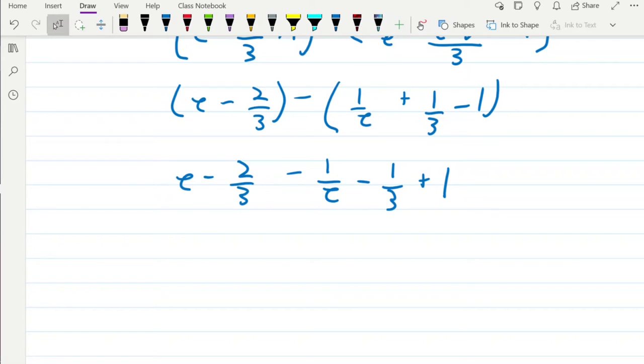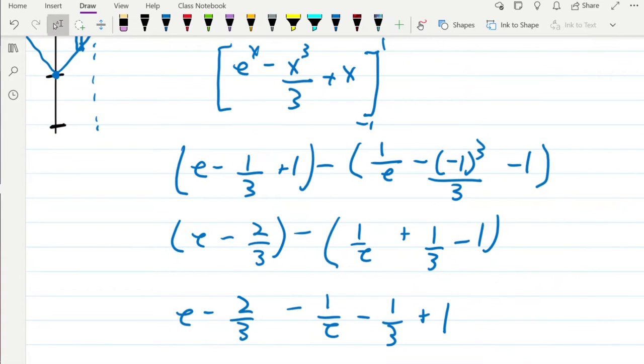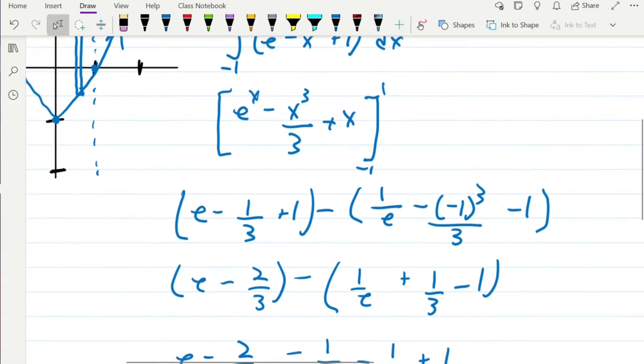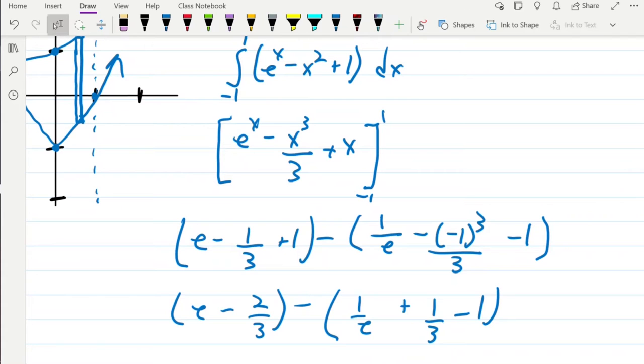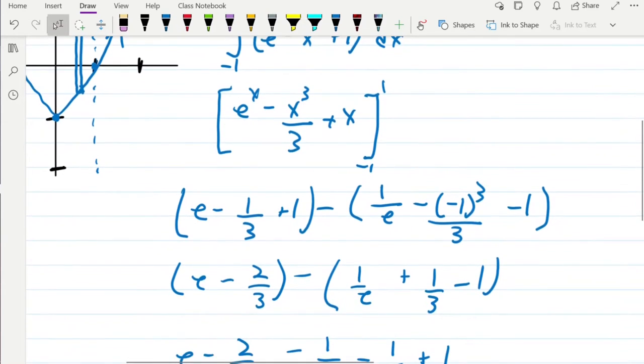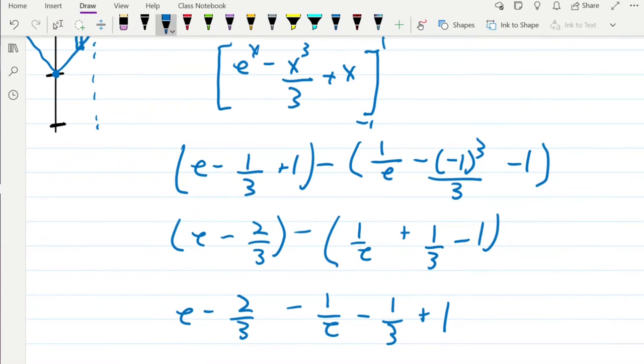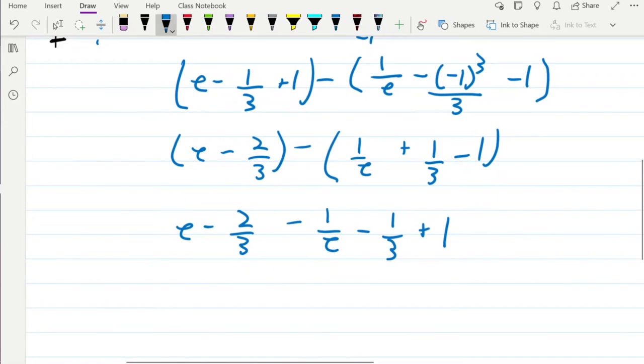Wait, go back up. I think where you put, to the right side, 1 over e minus the -1 cubed, shouldn't it be minus? Or wait, no. Yeah, it's minus a minus, so it should be positive. And then did you distribute it out? Oh, okay, no, never mind. Because then that was x, which is just -1 here. I got e minus 2 over 2/3, unless I did this wrong.